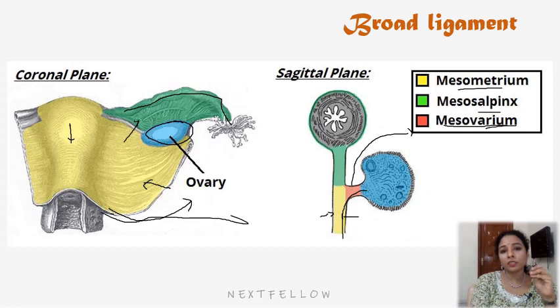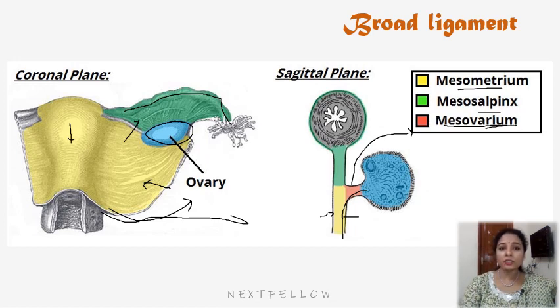Round ligament, which is the remnant of gubernaculum of embryo, and epoophoron and paroophoron, which are the remnants of the mesonephric tubules in the embryo, are also present inside the broad ligament. And there are remnants like Gartner's duct, which is a remnant of mesonephric duct in the embryo.